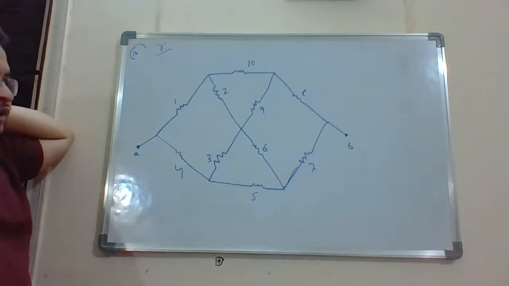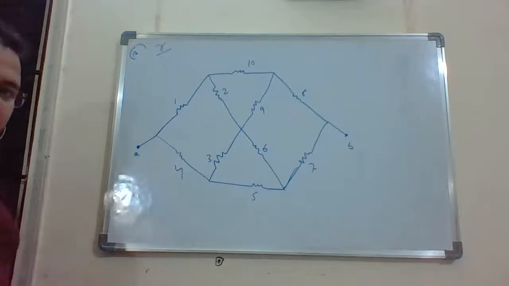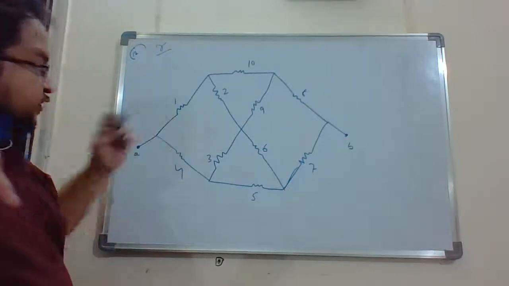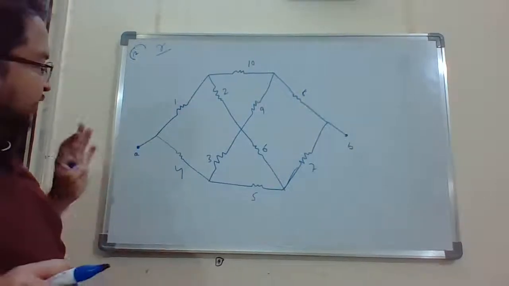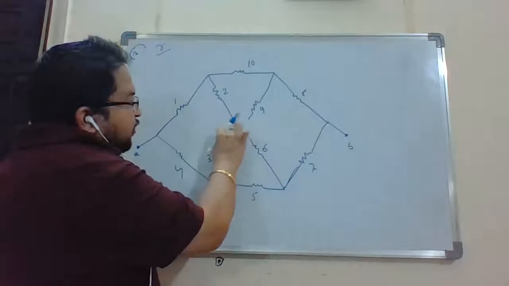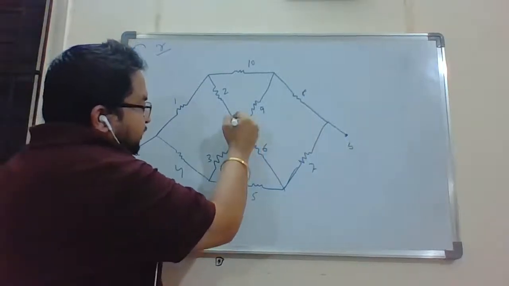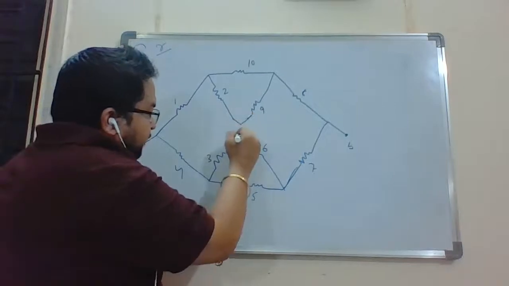If you followed the previous two examples properly, this will be again very easy for you. First thing, I am seeing a junction point here, so I would redraw the junction point like this.